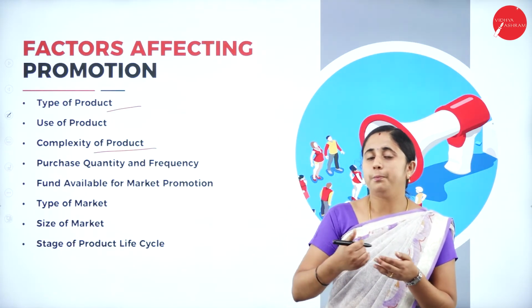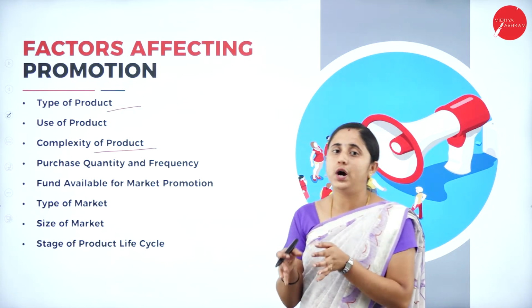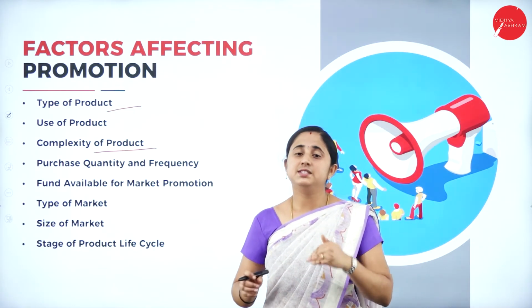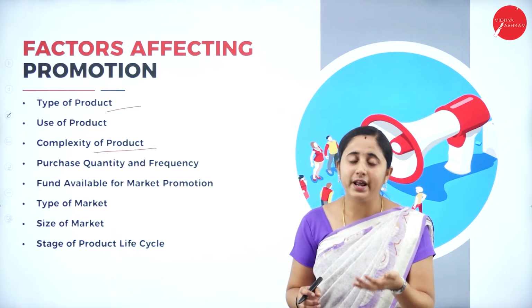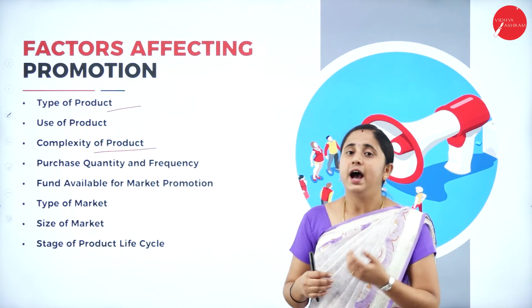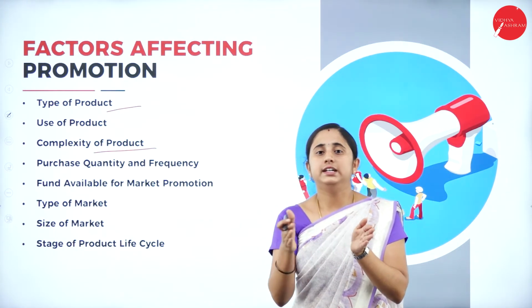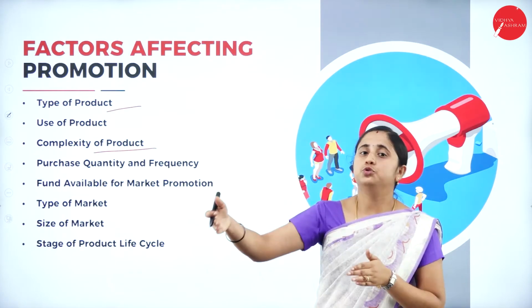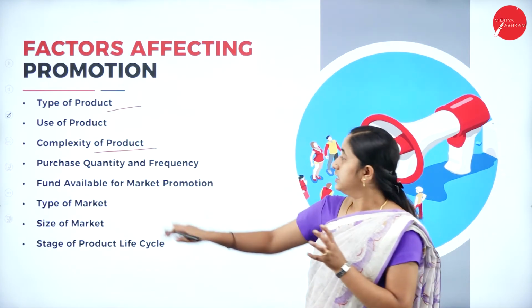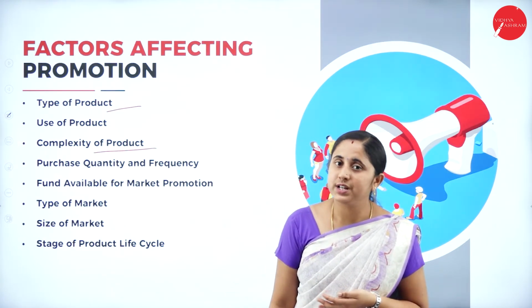As I told you earlier, promotional activity gives information about your product, how to use it, it directs the consumers and gives caution to them. So you give detailed information about your product, and the complexity of your product affects the promotional activity.